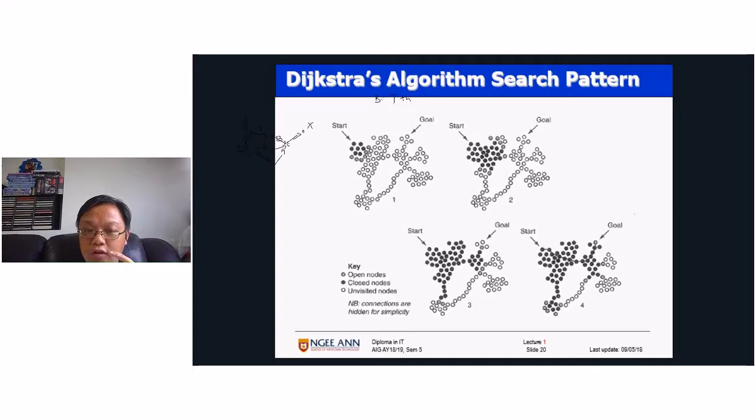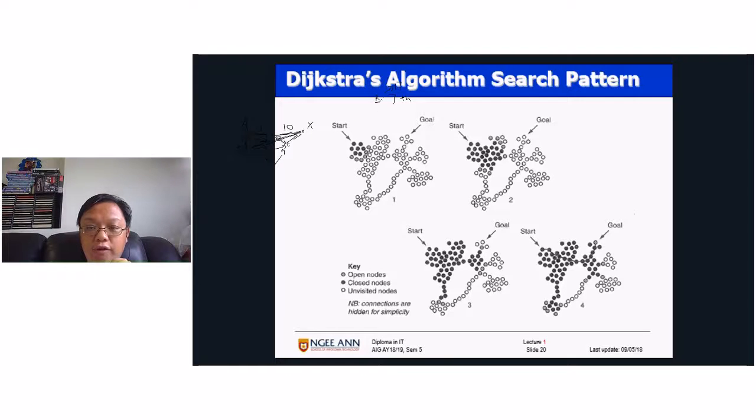One simple heuristic is the direct distance. Maybe this distance is 10. Then for B, its estimated cost is actually 17. But for C, the direct distance between C and the endpoint is maybe 20.